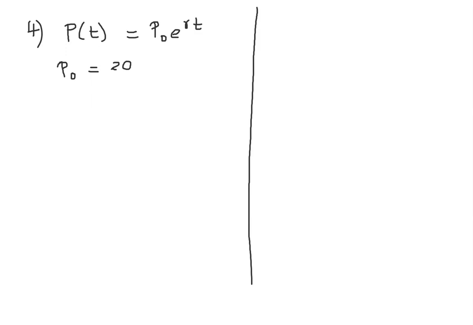And we are also given P of 14 is 378, because it says 20 pythons were recorded as captured or killed in 1995, and by 2009 it was 378. So between 2009 and 1995, when we subtract, we get 14 years. Now we have to find the rate.